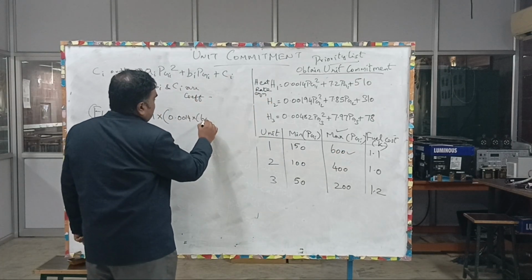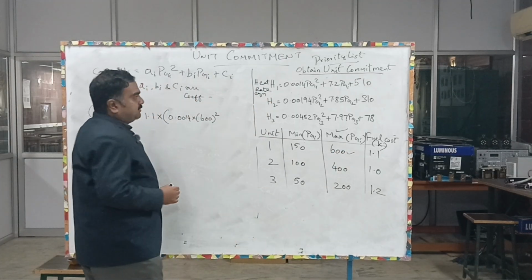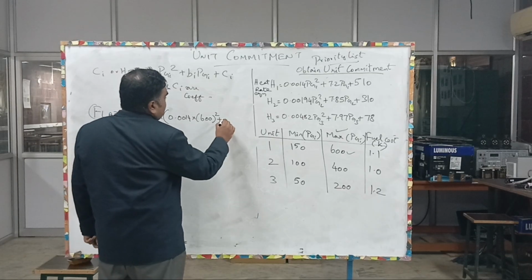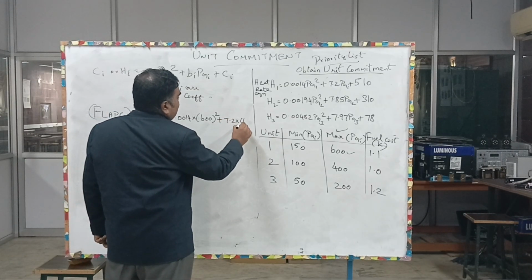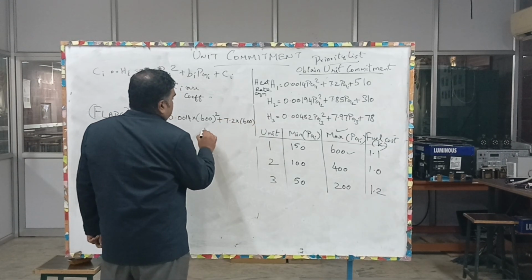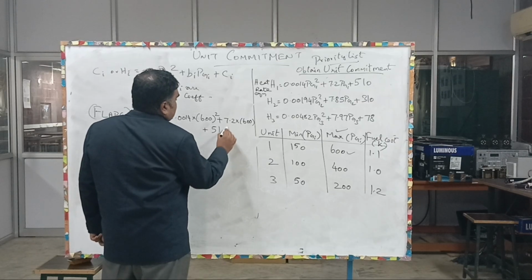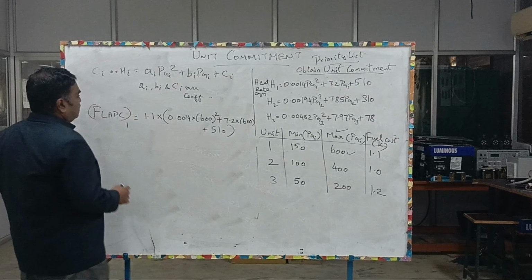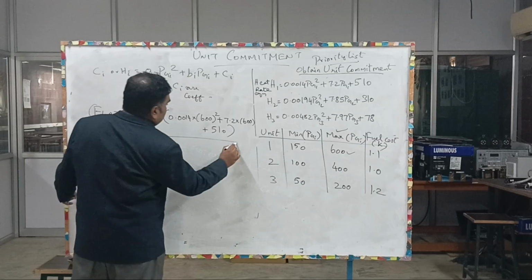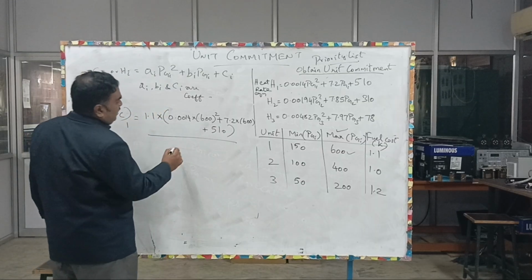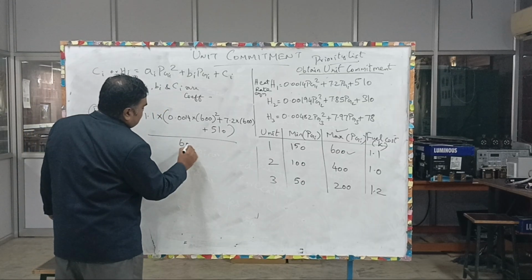So it will be 600 squared plus 7.2 into again 600 plus 510. The whole thing divided by what is the maximum generation? It is 600.